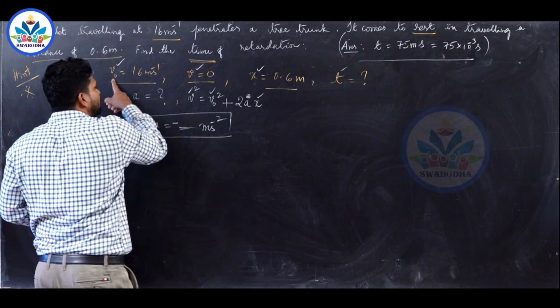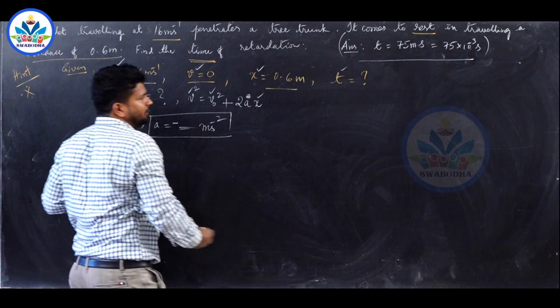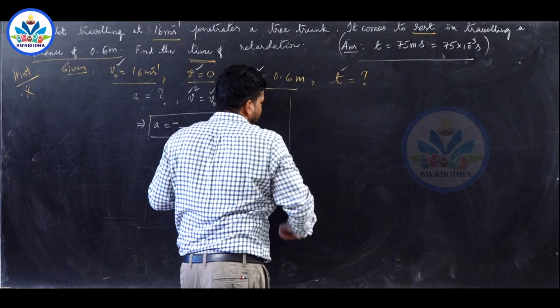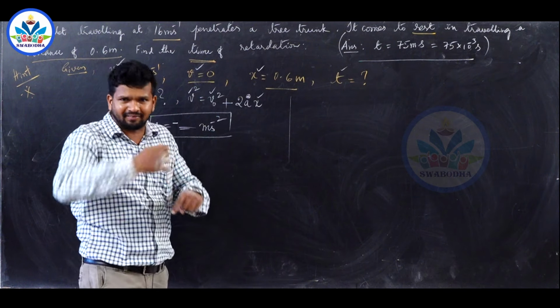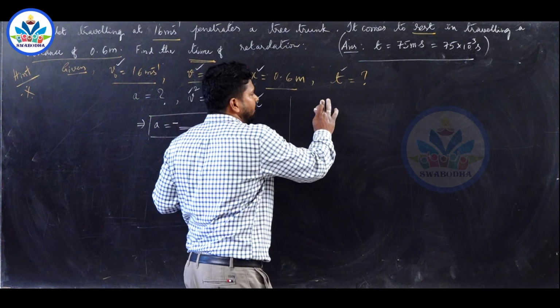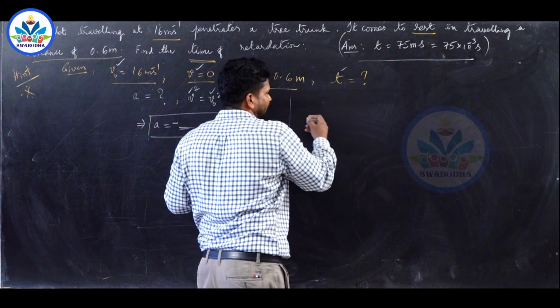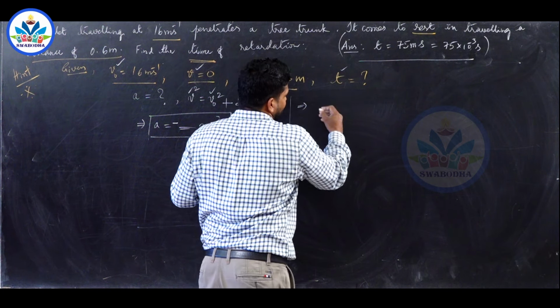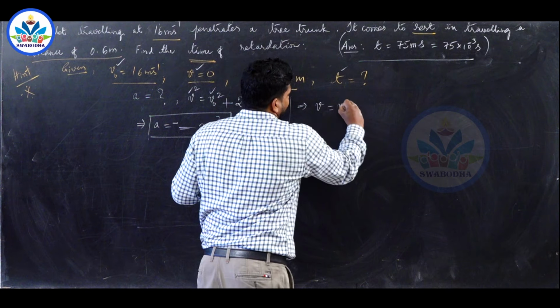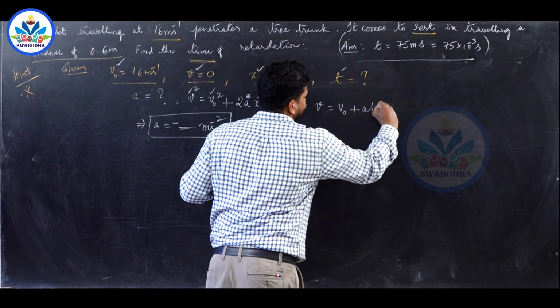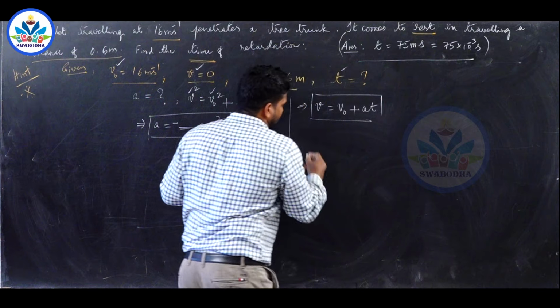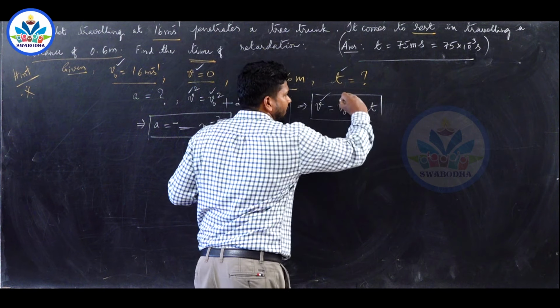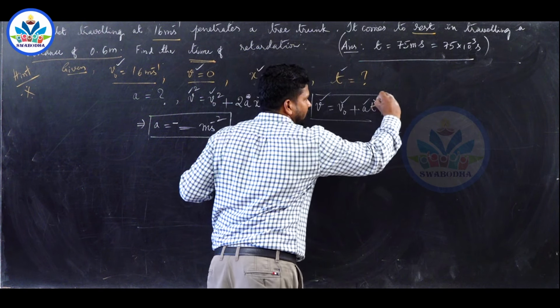You know initial velocity, you know final velocity and you know acceleration. Simple formula, you can use first equation or second equation. The second equation will be lengthier, so we can go for the first equation. This is the suitable equation, v equal to v naught plus at. We know v naught and a is calculated, you want time.